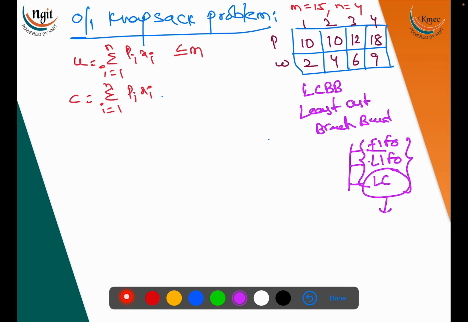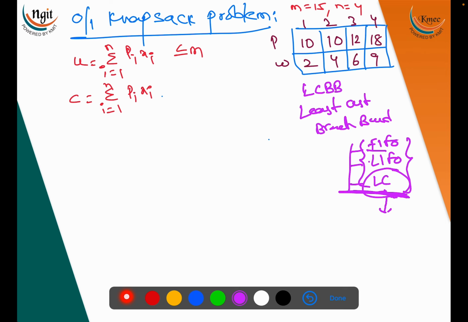Now, what is least cost branch and bound? I will be exploring the node whose cost is minimum for solving it using branch and bound. For each node in a state space tree, we have to find the upper bound and cost.